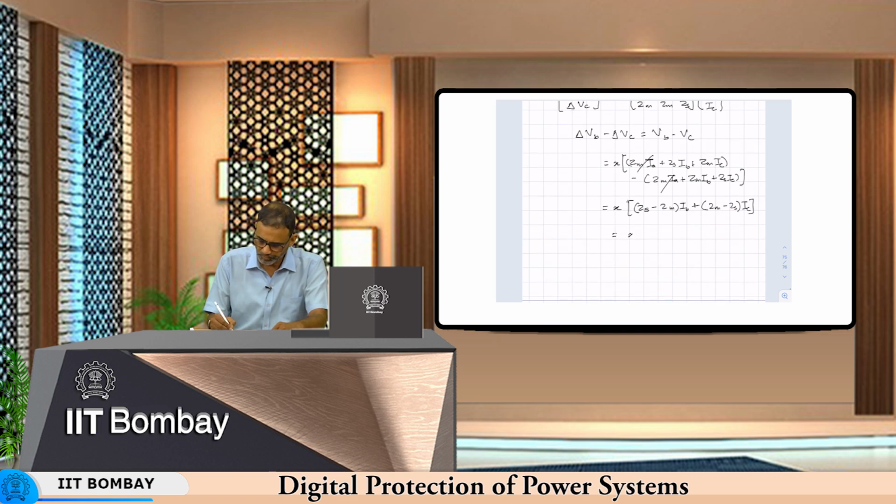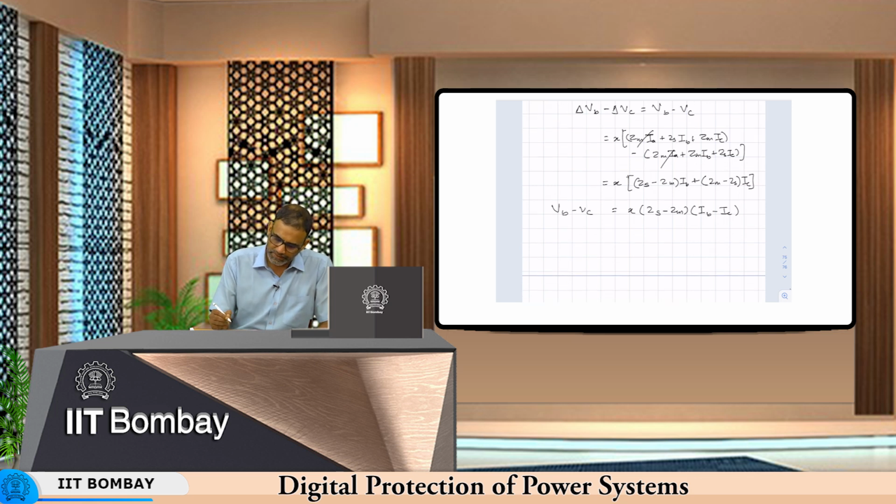So if we were to give this input, the line voltage divided by the difference of the line currents, then we would get XZ1.